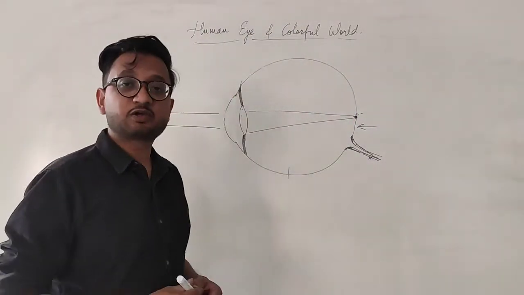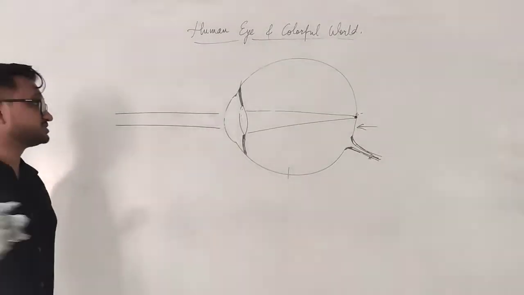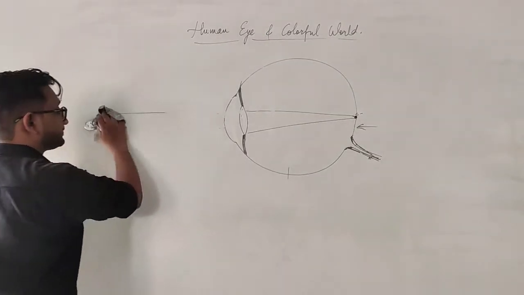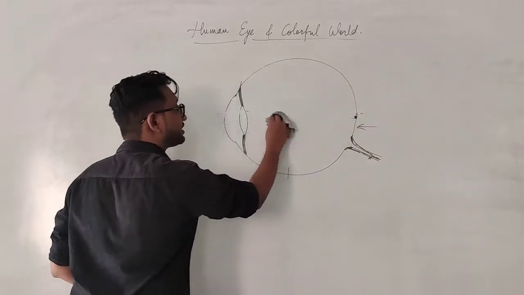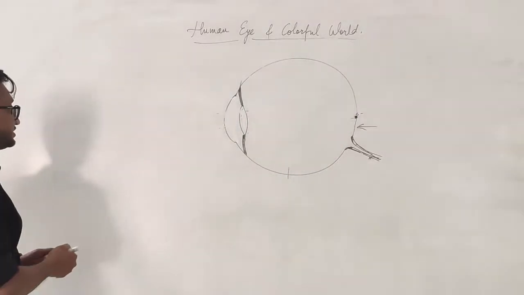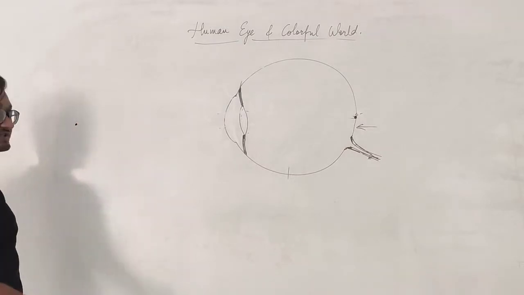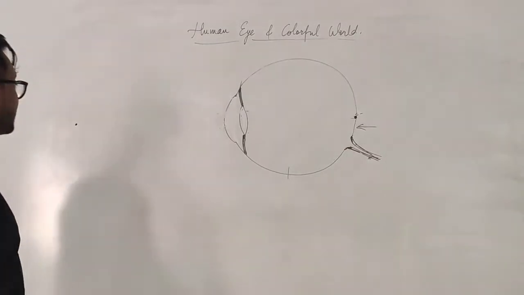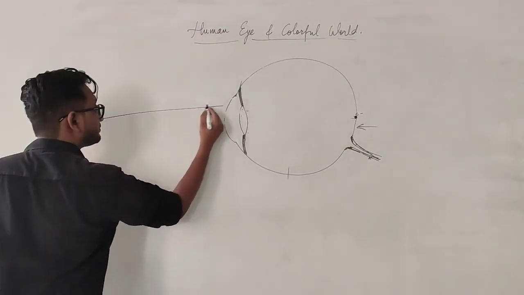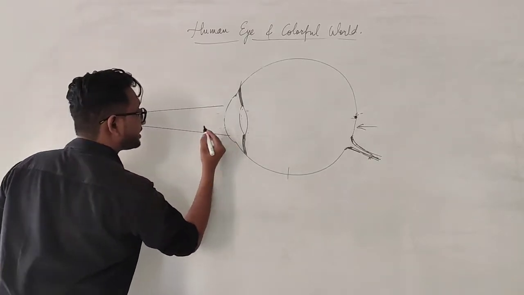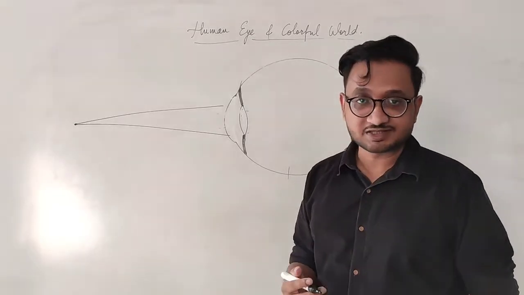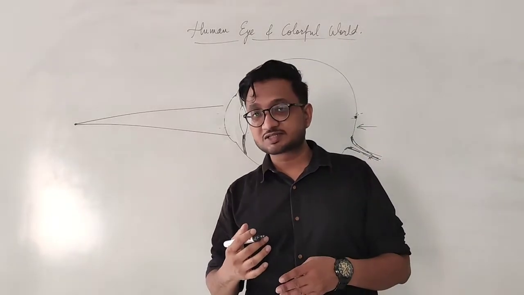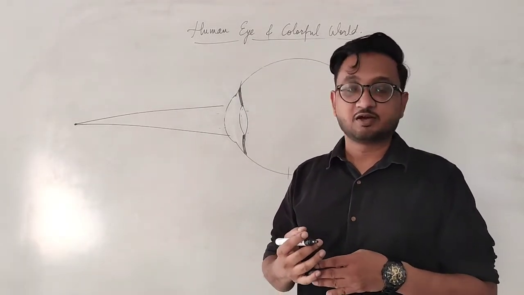Okay, but if you are looking at a very nearby object, let's say that the light coming from the source is from a nearby object. Let's say that the nearby object is somewhere over here like this. So the rays of light coming will be like this. As soon as they enter the cornea, the medium changes. So the cornea also does a little bit of converging of the light.